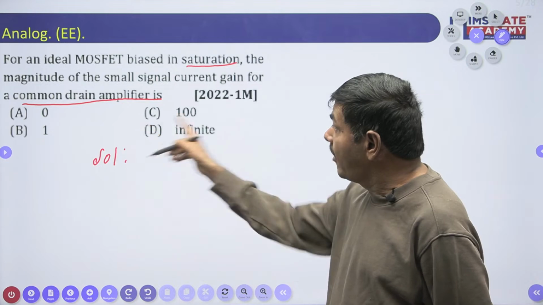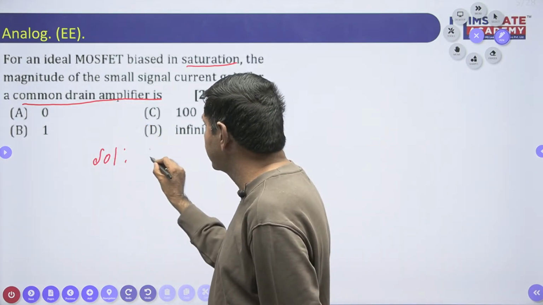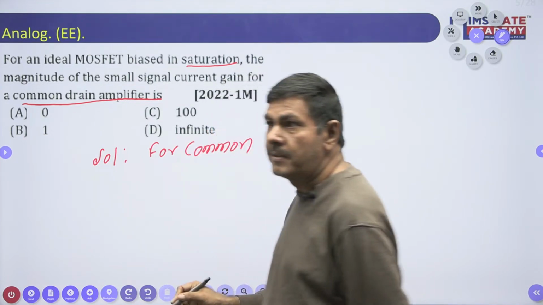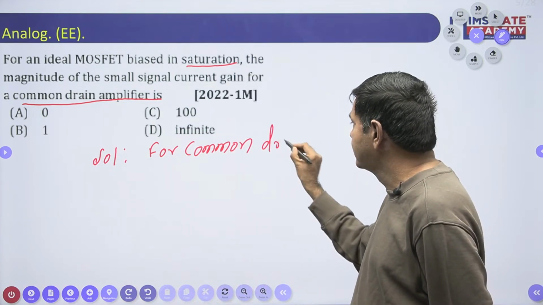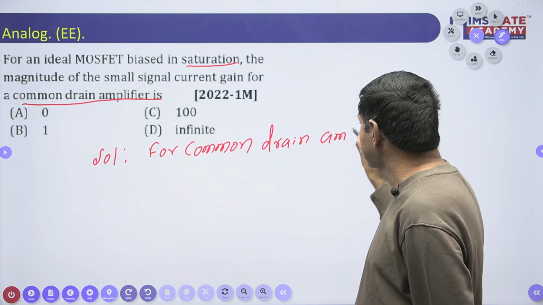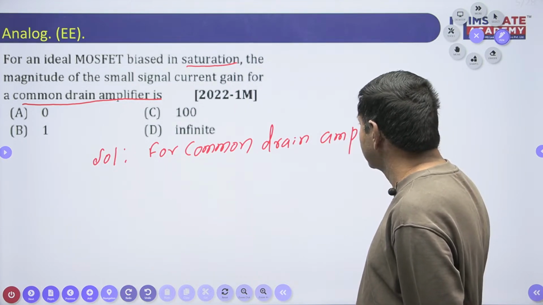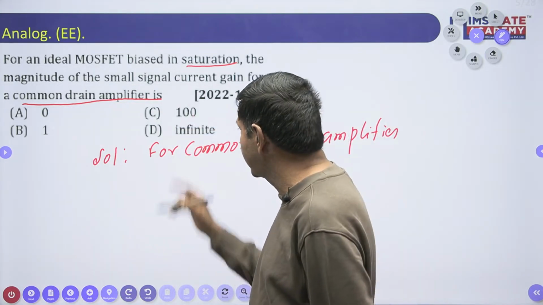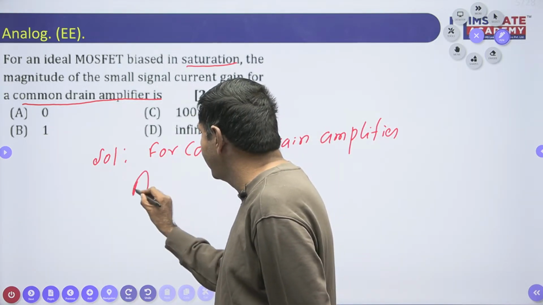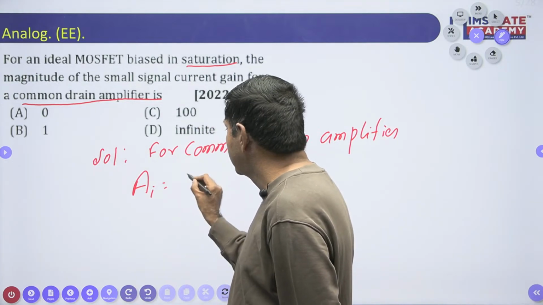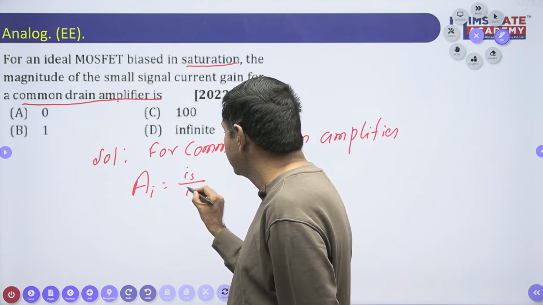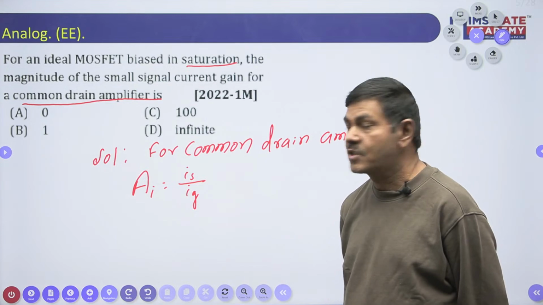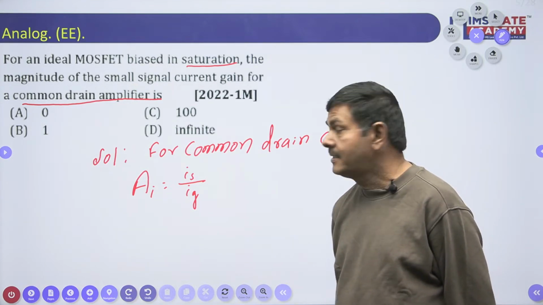For a common drain amplifier in the MOSFET AC analysis, the current gain AI is calculated by the source current divided by the gate current.